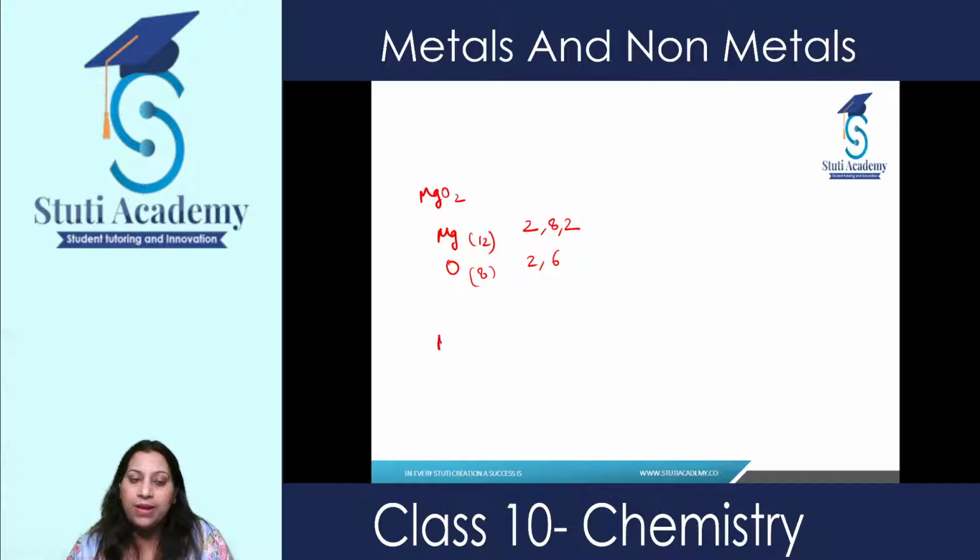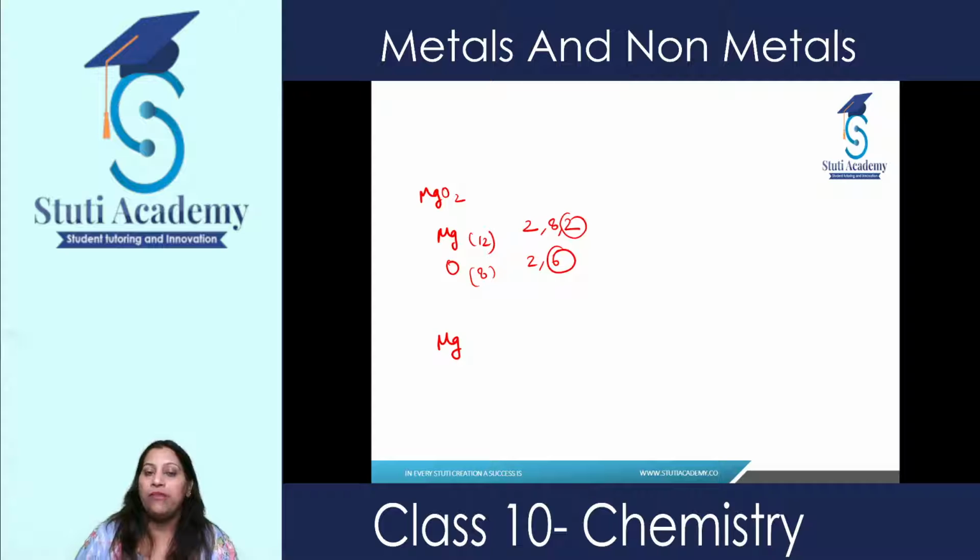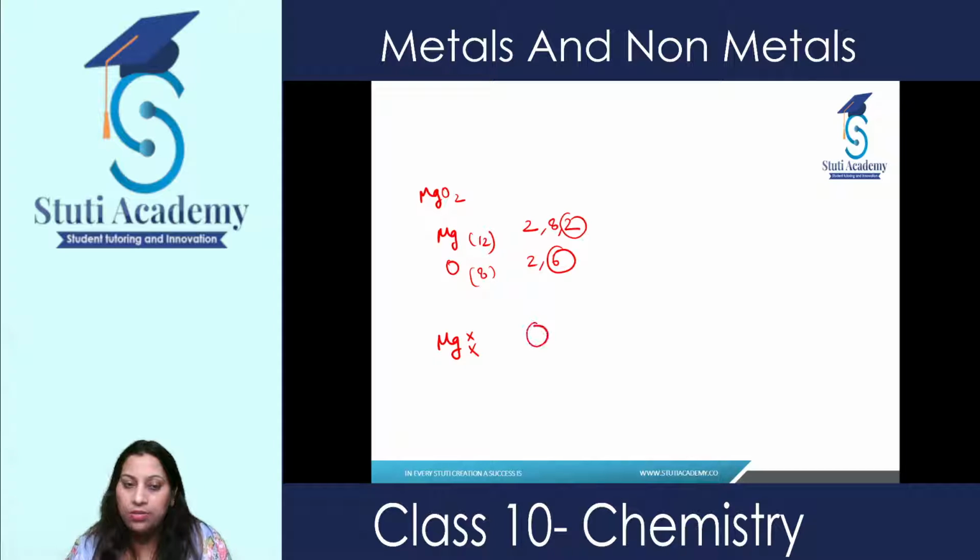Now I'll write magnesium: outermost valence electrons of magnesium is 2, and outermost valence electrons of oxygen is 6. So I'll represent this with these two crosses. So these are valence electrons, and here it has 6: 1, 2, 3, 4, 5, 6.